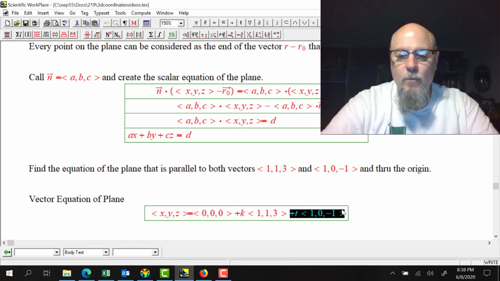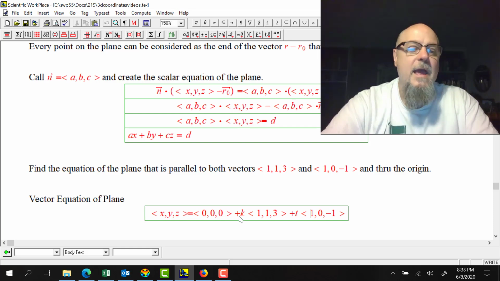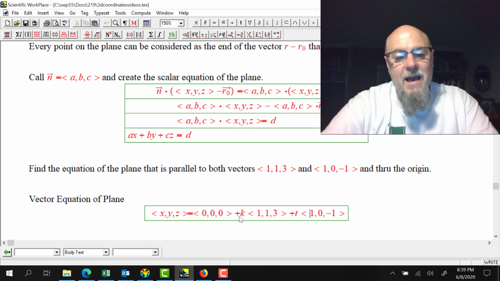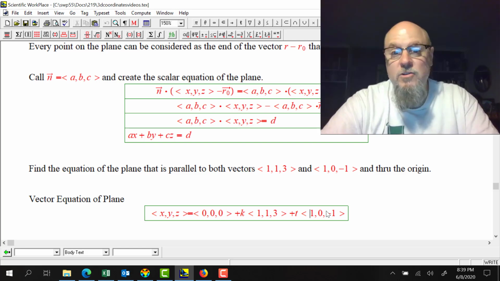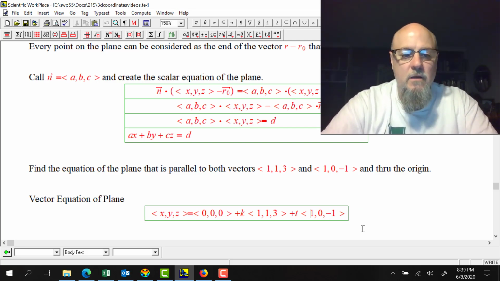Notice if I were to get rid of this, that would look like a vector equation of a line, but it's two-dimensional. It's a plane. Pick a t value, pick a k value, plug that in, and you'll get a point on the plane. Every different k-t pair that you pick gives you a different point on the plane. It's two-dimensional. So there's the vector equation of the plane.